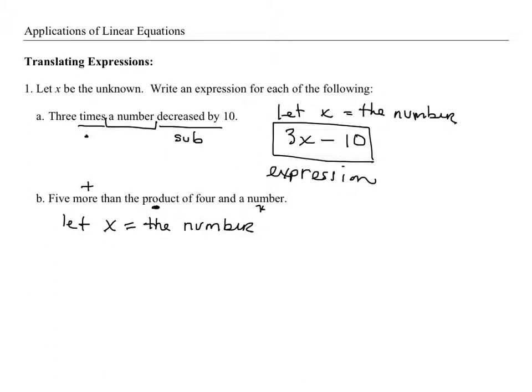So whenever you have more than, you guys, I like to put the first guy second. So we're going to plus 5 it. And product means I'm going to multiply 4 times the number. So it's 4x plus 5. 5 more than this product. That's why I like to put the 5 at the end, because I'm increasing the product by 5 units.